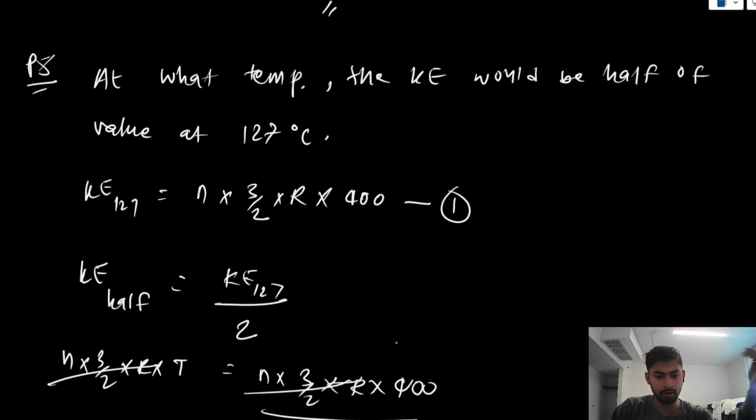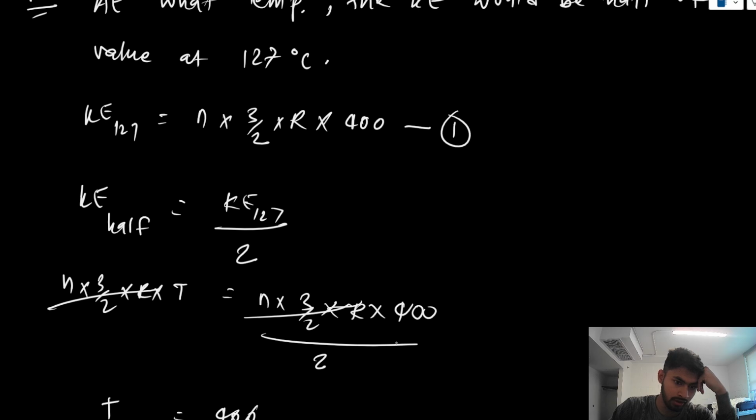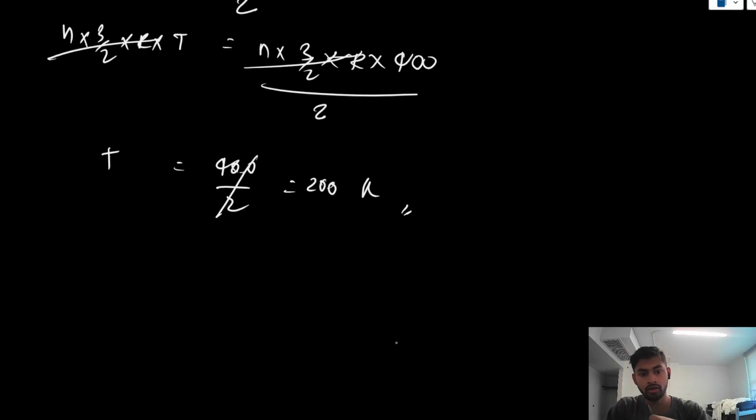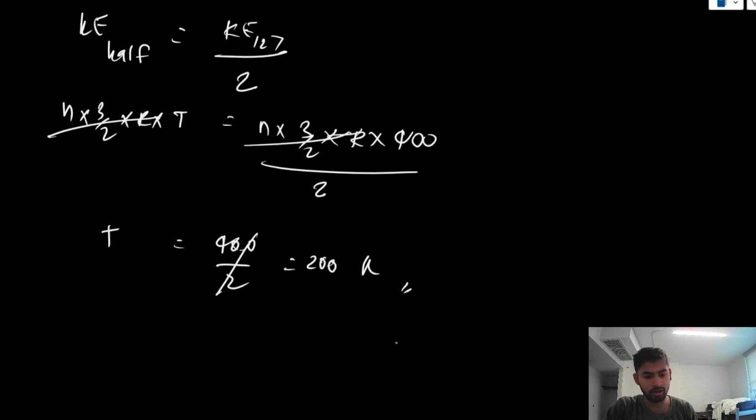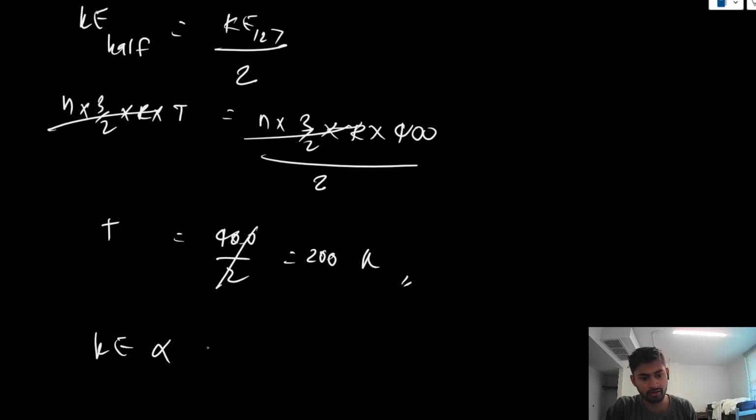What we computed over here was basically at what value the kinetic energy would be half, and it is symmetric to the temperature being halved because kinetic energy is itself dependent on temperature.